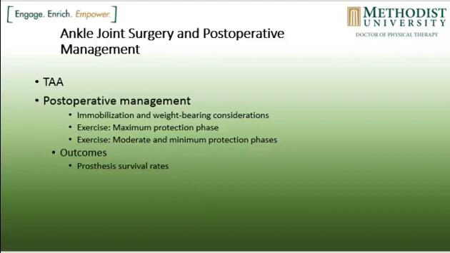And it's not that the patients are dying, it's that the ankle replacements need to be redone, okay? So realize I'm talking about the prosthetic survival rate, all right? But with that, there are technological advances. So hopefully the ones they're doing now are better than the ones they did 10 years ago.